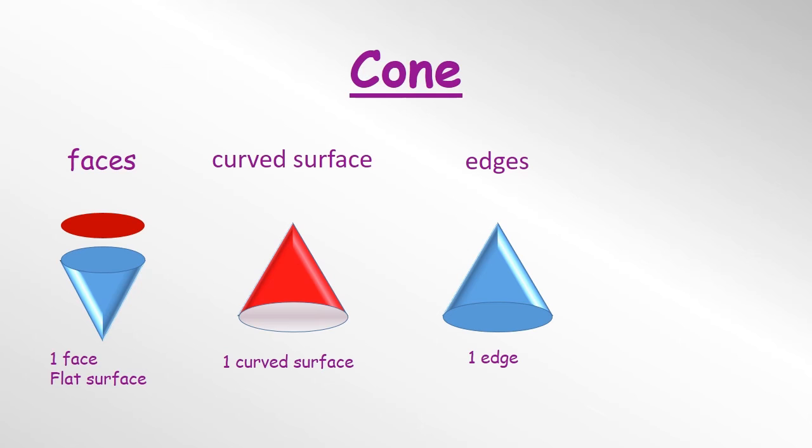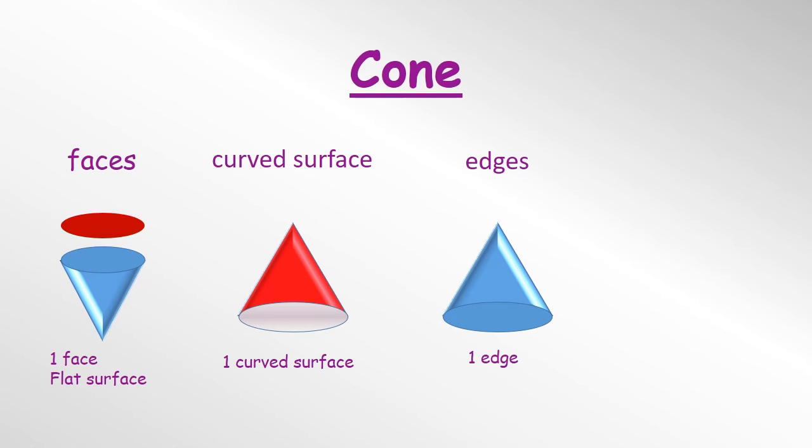The cone also reveals both flat and curved surfaces. How many are they then? The cone has 1 flat surface and 1 curved surface. In that case, the cone has 2 surfaces. Moving on, the 2 surfaces meet at a point to form a circular edge.